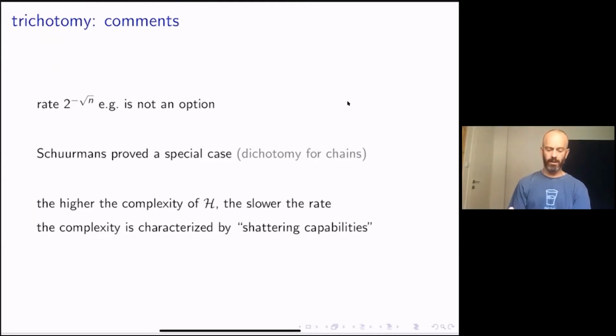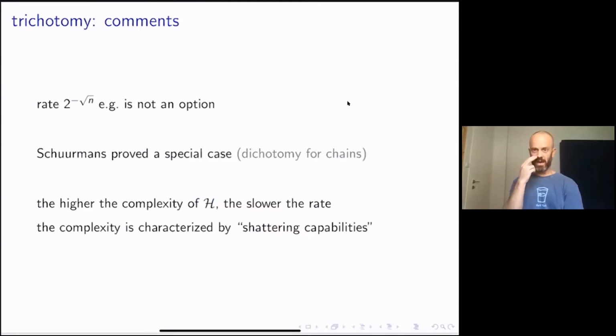And the third thing is that intuitively, the more complex this class of functions is, the slower the rate should be, because the learning should be harder. And the way we measure the complexity of this class of functions is by its shattering capabilities, similarly to the way VC dimension is defined.